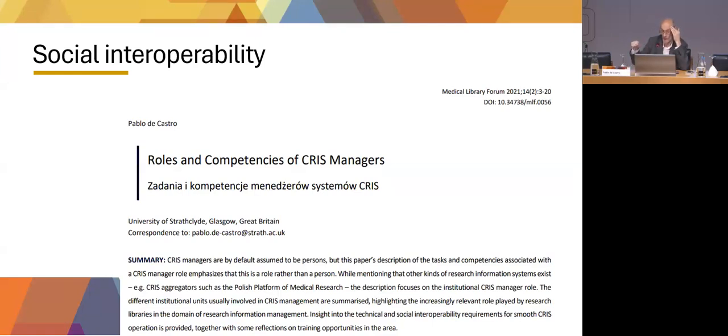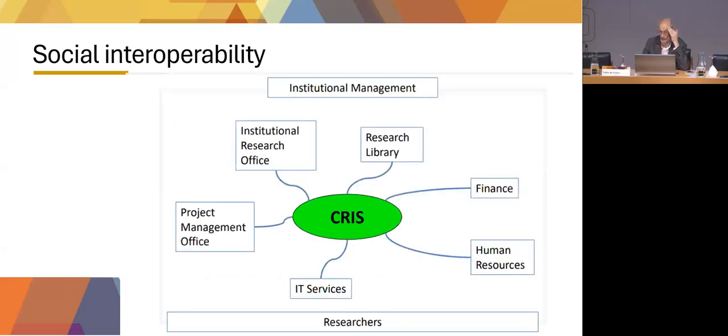On top of that, or underpinning that technical interoperability, is the social or human interoperability, as it's also called. CRIS systems typically have a CRIS manager, but you can see how wide the collection of departments or units within an institution is that need to collaborate in order to run these systems, because there's a lot of work around that.